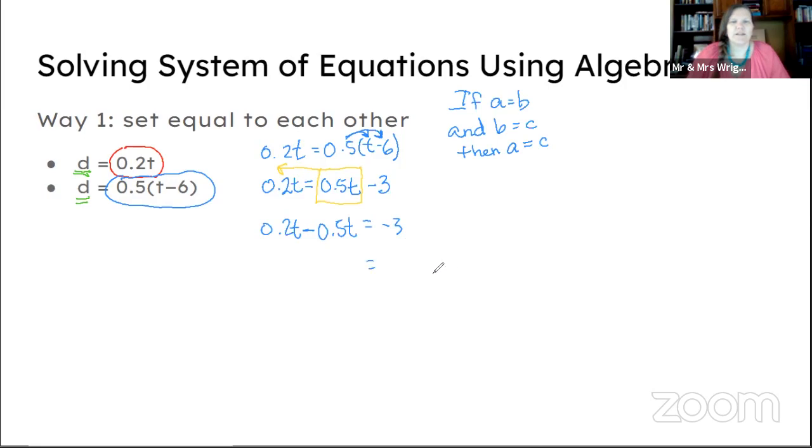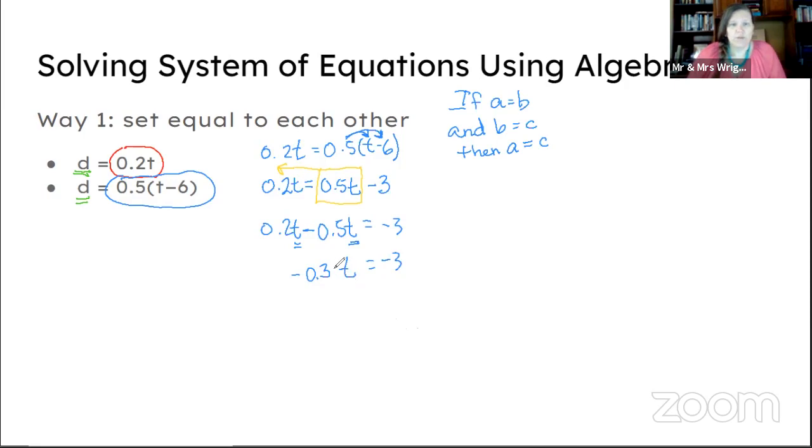Now we need to combine like terms. We have like terms here with t and t, so I can write my t down here, and then I need to combine my coefficients of 0.2 and negative 0.5. Again, I'm going to use my calculator, and I get negative 0.3t equals negative 3.